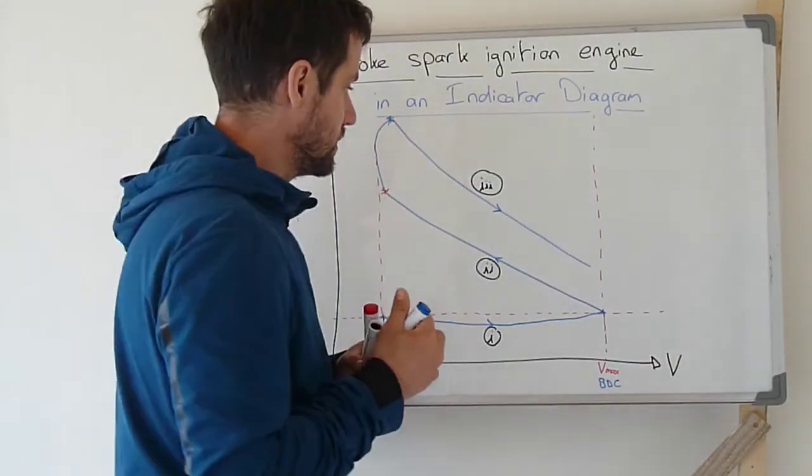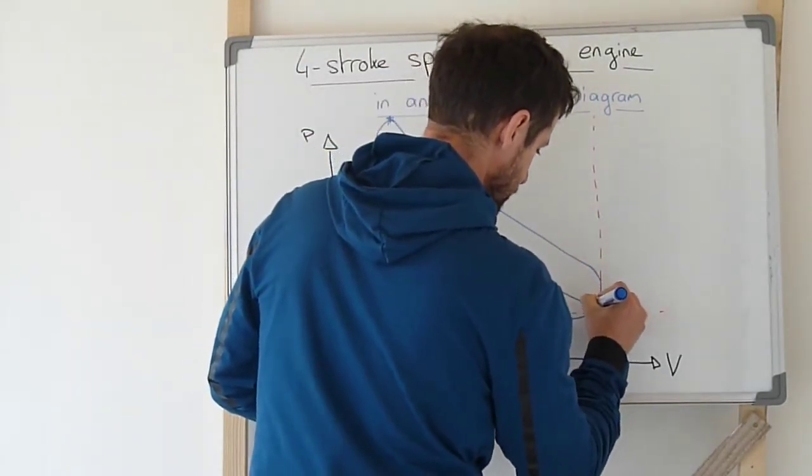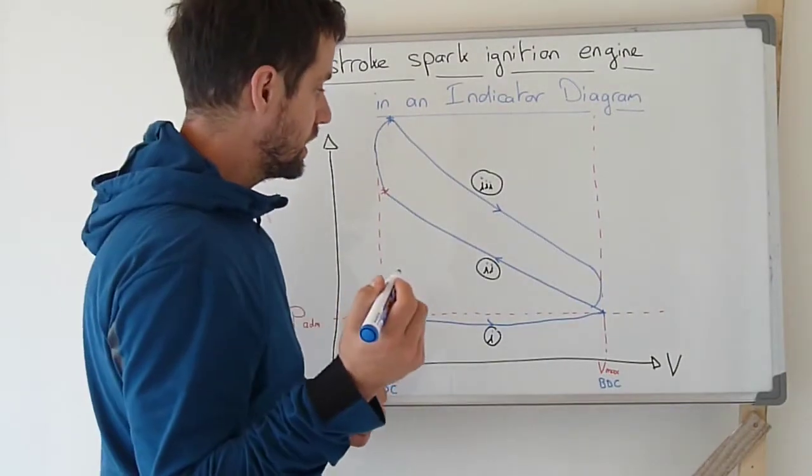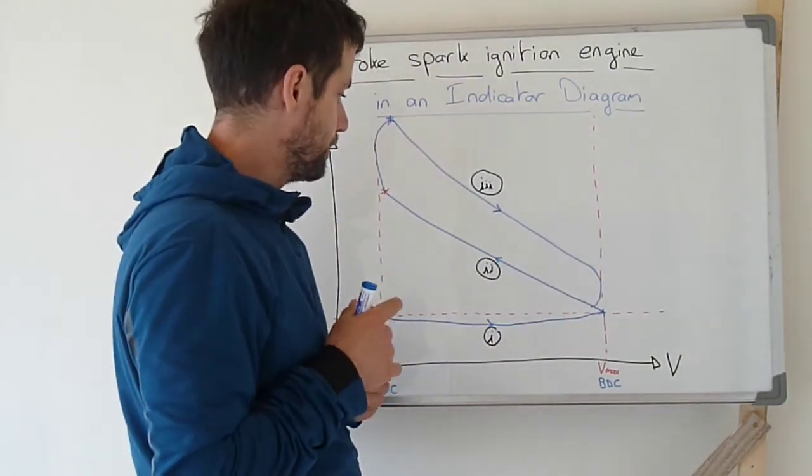So the pressure is decreasing really fast during this stage, but remains slightly higher than the atmospheric pressure.